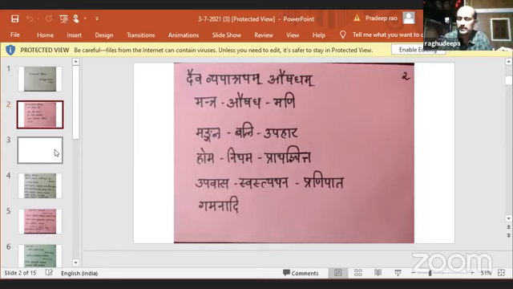Vidura Desha Gamana means you have to go to a place in the form of pilgrimage, and that is also considered an indicator, a point to be considered for positive energy.